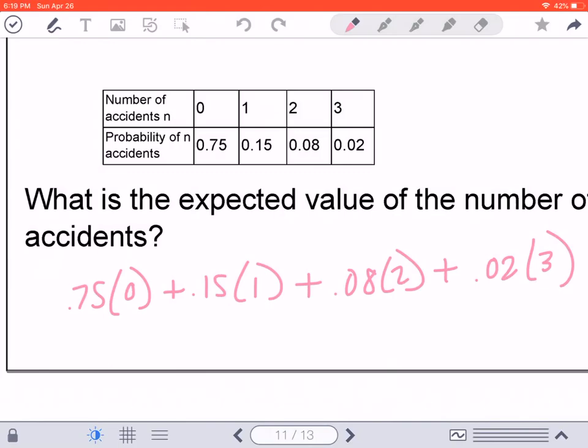Okay, so when we're talking about expected value, what we're really talking about is the sum of the probability times the number of occurrences or values in our data.